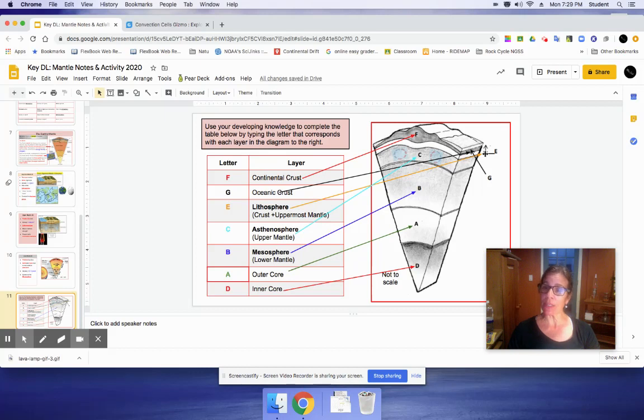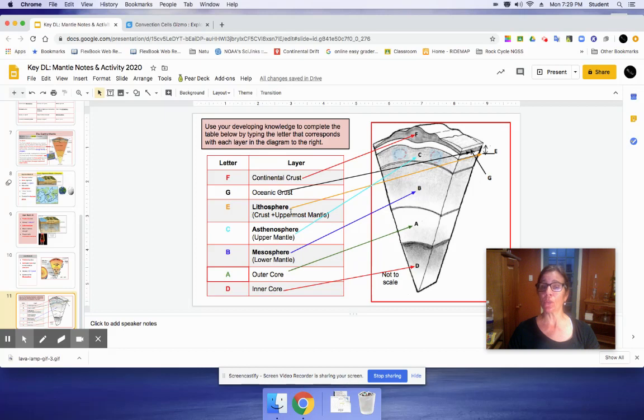E represents both the uppermost mantle and the crust together, called the lithosphere. Very, very important. We're never going to talk about the uppermost mantle by itself. We're always going to talk about the lithosphere, that section that's broken into tectonic plates.